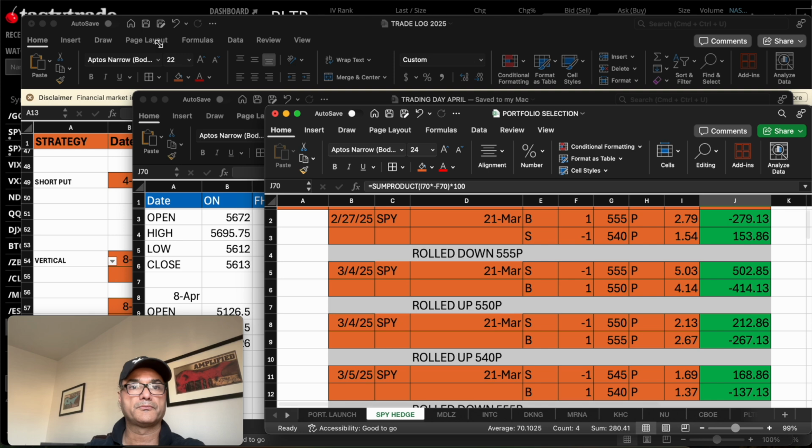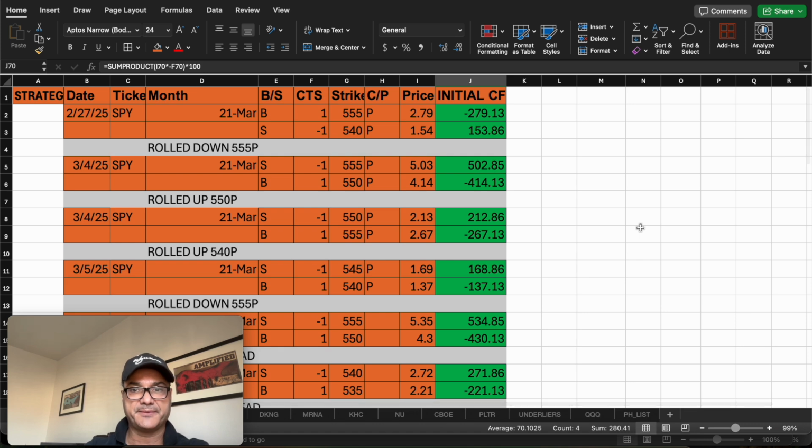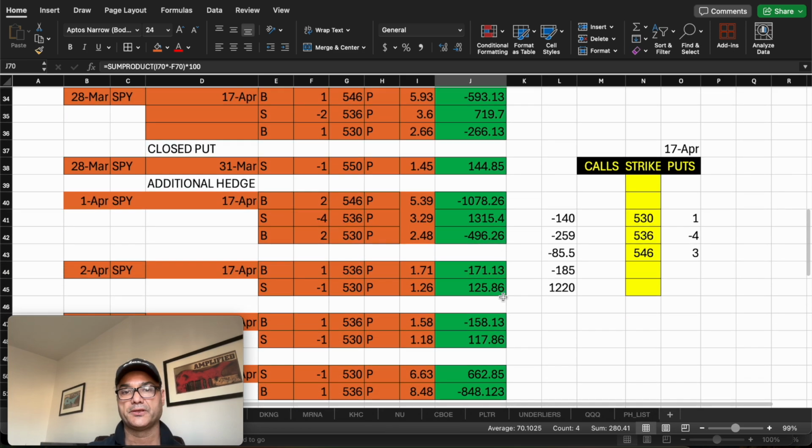I use the SPY to begin to hedge the portfolio.